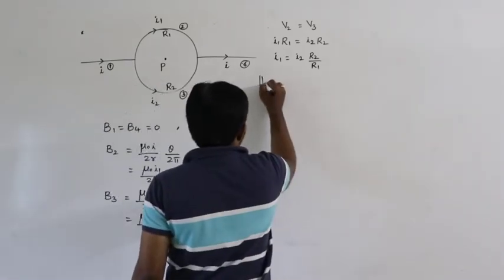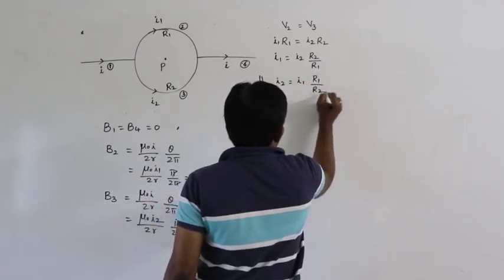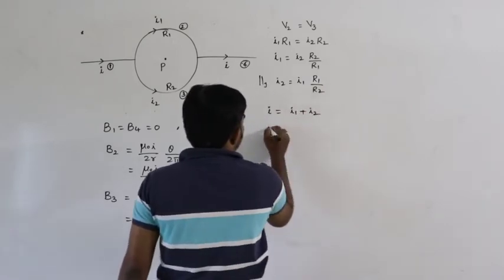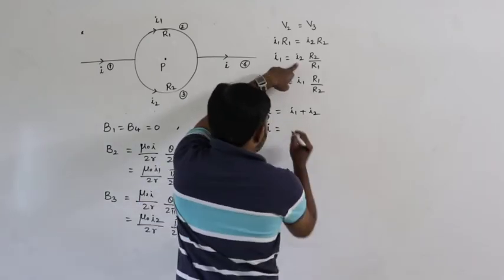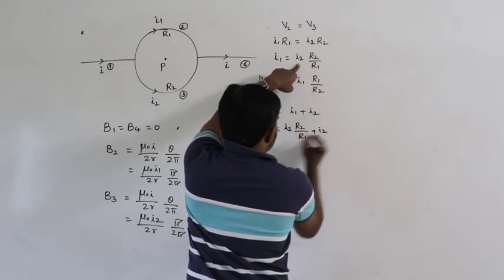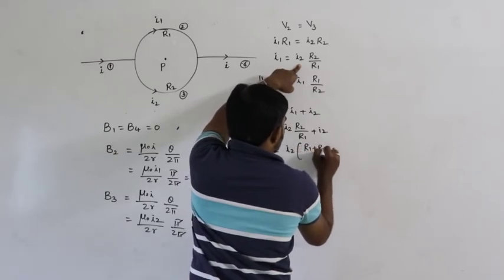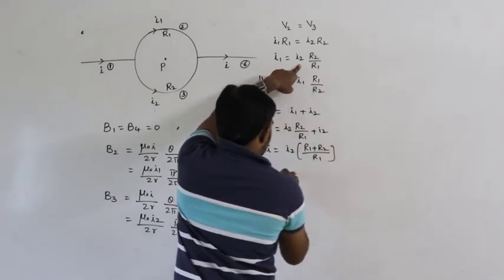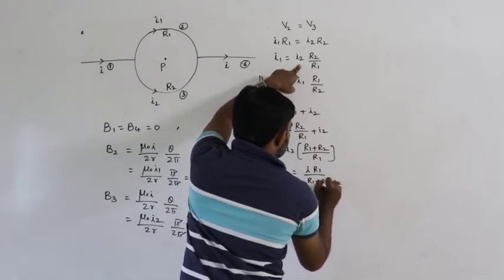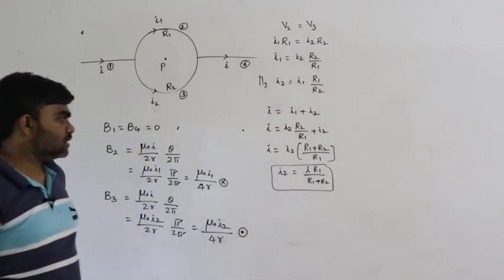In the same way, I2 can be written as I1 into R1 by R2, but we know I is equal to I1 plus I2. So I is equal to I2 into R2 by R1 plus I2. So I is equal to I2 common R1 plus R2 by R1. I2 is equal to I R1 by R1 plus R2.